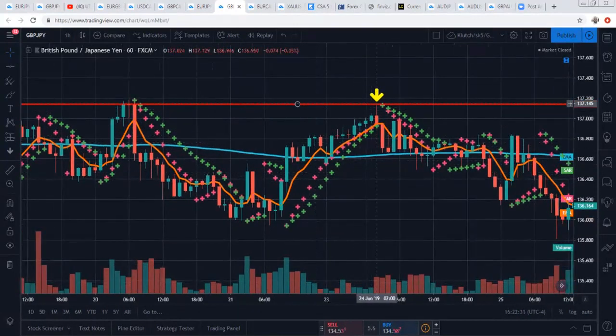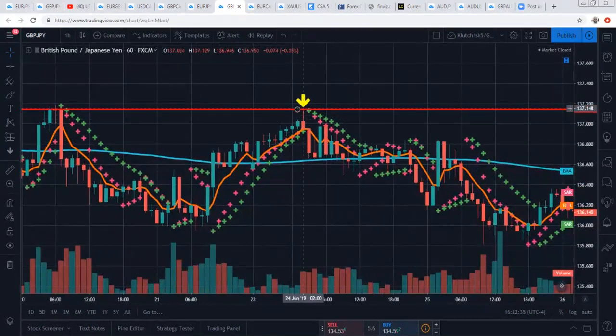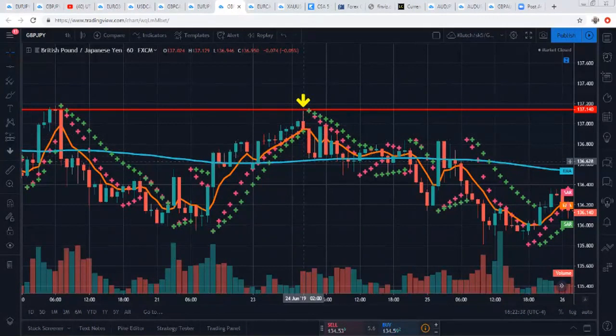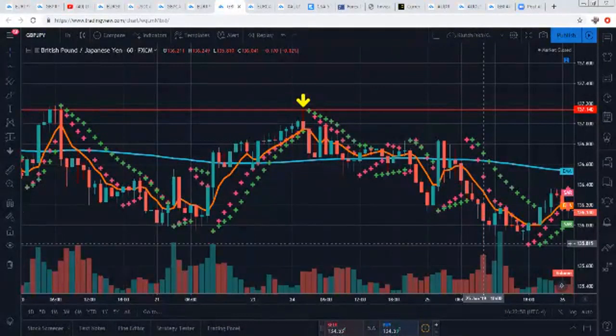It came back up here, put you in the trade, and from this point to this point was about 49 pips. But it kept going down. It pulled up here, but you would have stayed in profit and then continued to drop down to this point, which from this entry is about 132 pips.